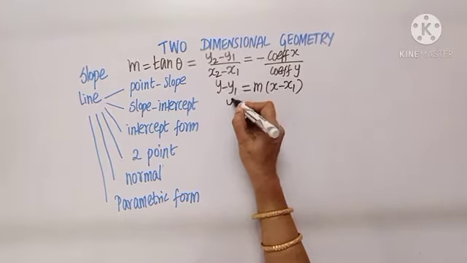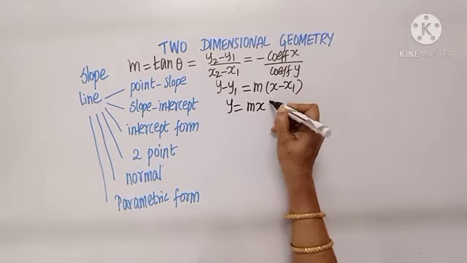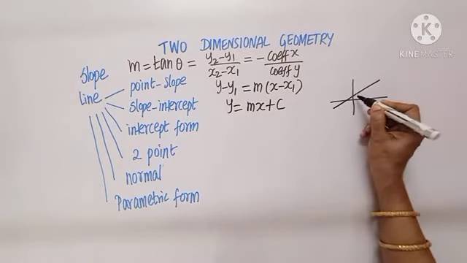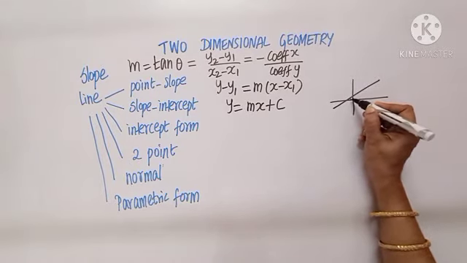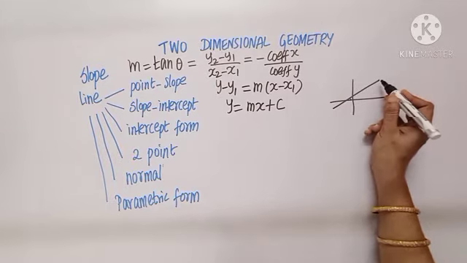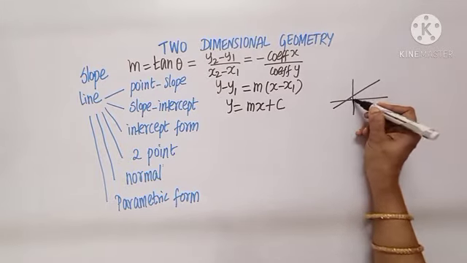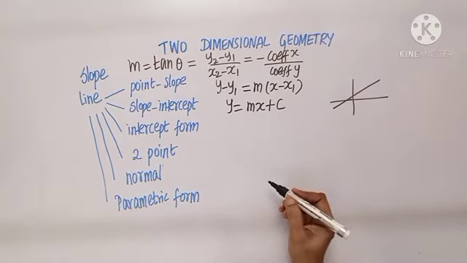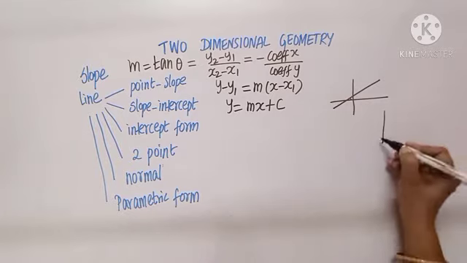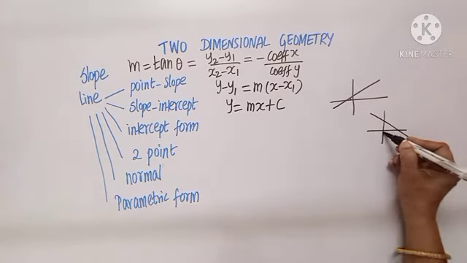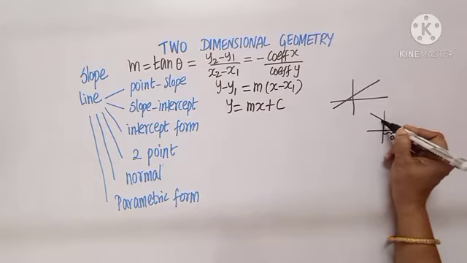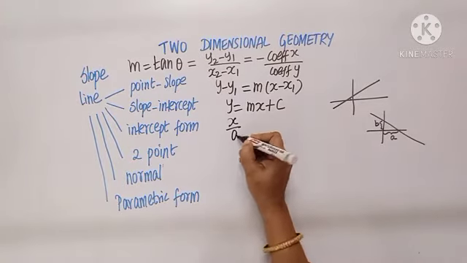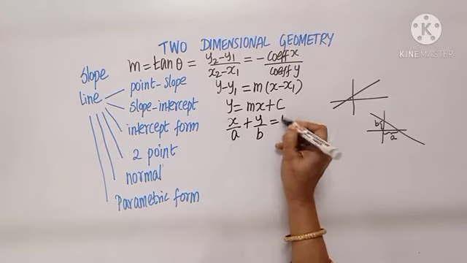When you know slope m and y-intercept c, this is the line making an angle theta, and I can say y equals mx plus c. If you have a line like this, it has x-intercept a and y-intercept b. I write the equation x by a plus y by b equal to 1.